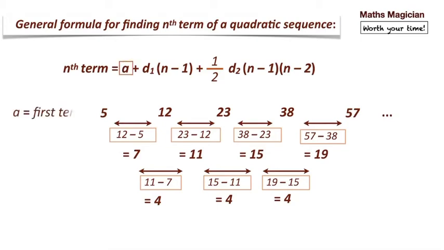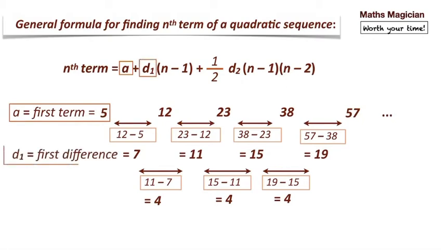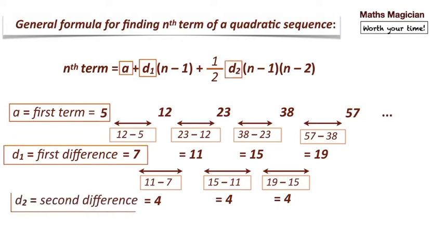A is the first term of the sequence and is 5. D1 is the first difference and is 7. D2 is the second difference as shown and is 4. Now let's calculate the nth term of the given sequence in the next slide.